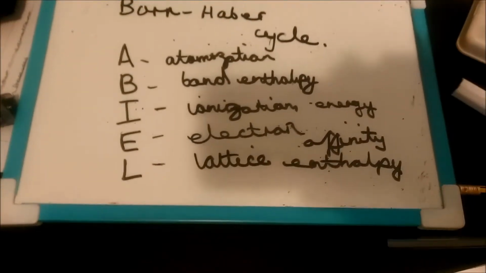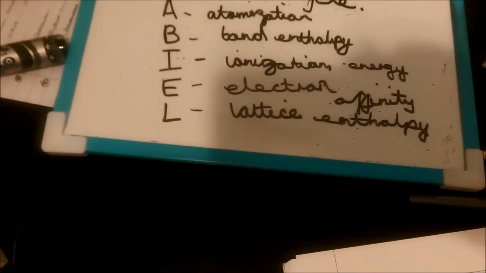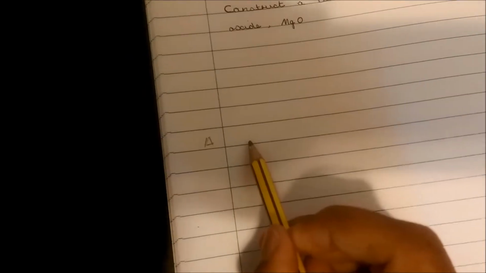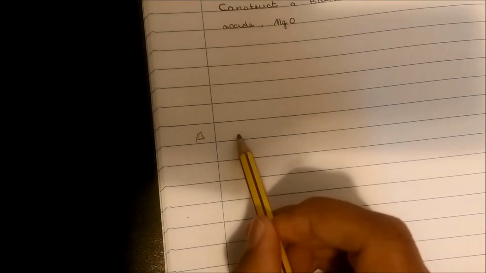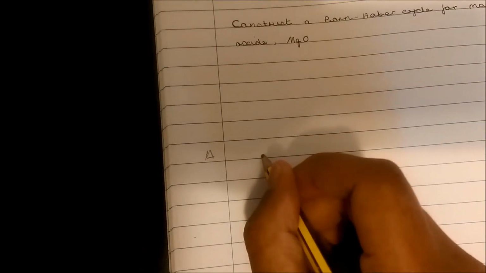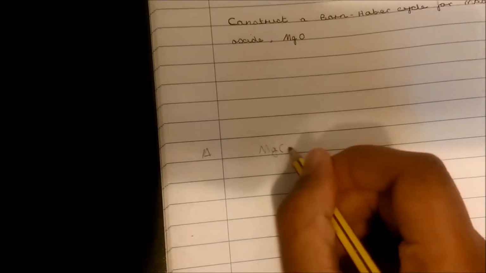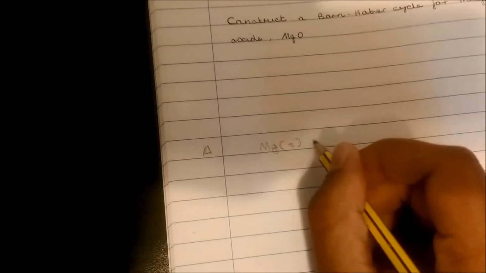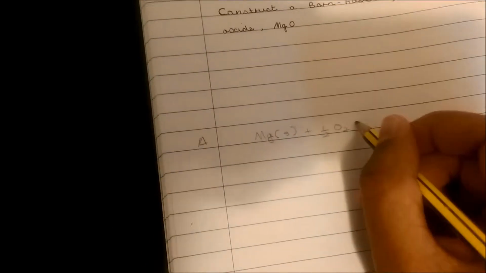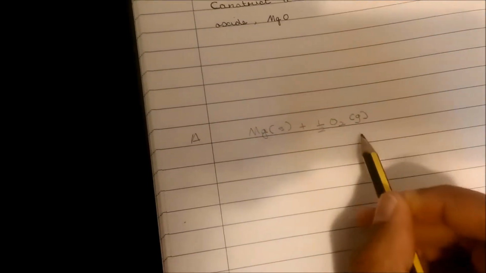What we do first is A, your enthalpy of atomization. So this is how it starts off: Mg(s) in the solid state, half O2(g) in the gaseous state.